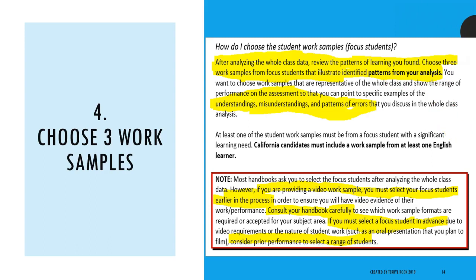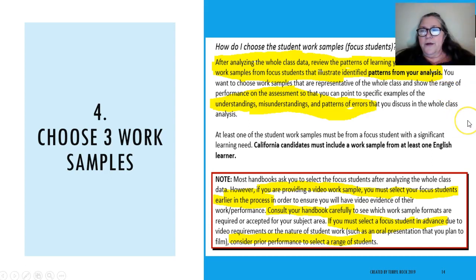So the most important thing to do is to choose work samples that illustrate the point that you're making in your analysis. Let's say that you've analyzed your work and you have found 3 learning patterns. This is something that all the students are doing well on. This is something that all the students are struggling with.